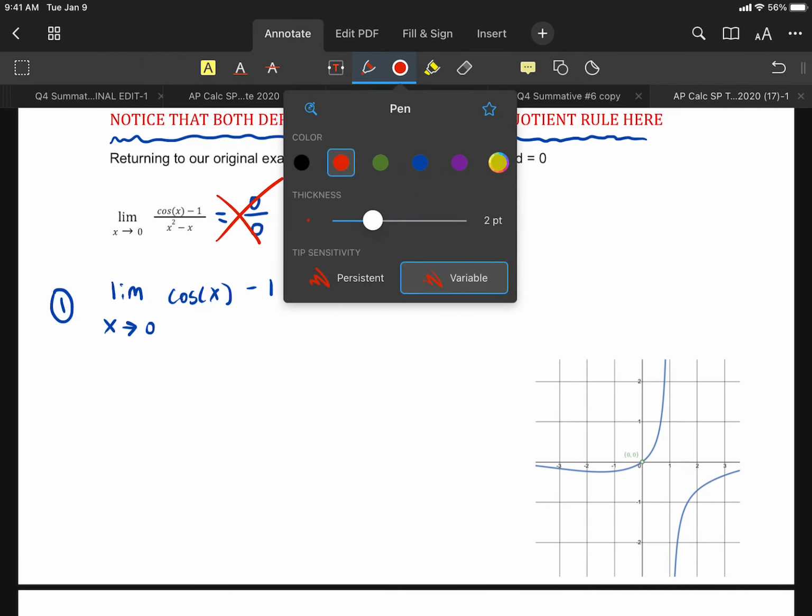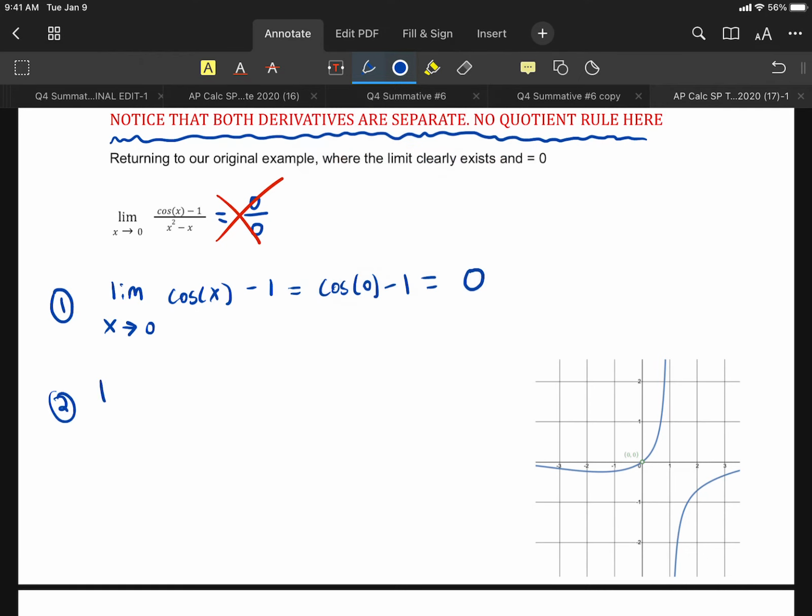The second thing that's true is that the limit as x approaches 0 of x squared minus x is 0 squared minus 0 equals 0. And so if this was an FRQ, then I would say 3, therefore, L'Hopital's rule, and I'll just abbreviate it, LHOP, applies.